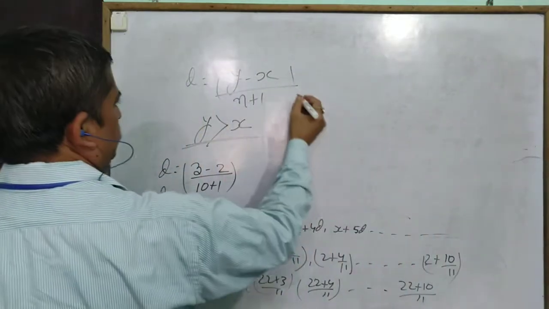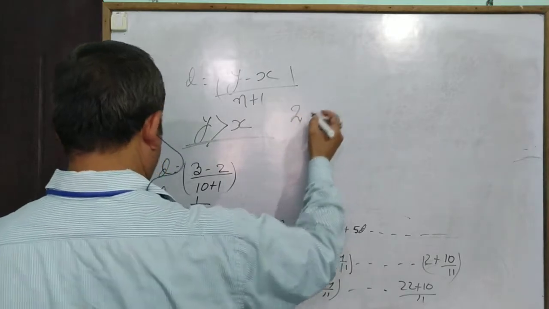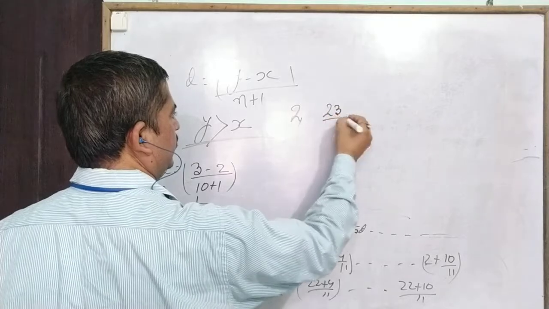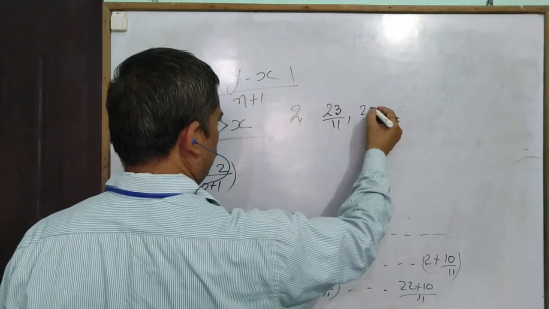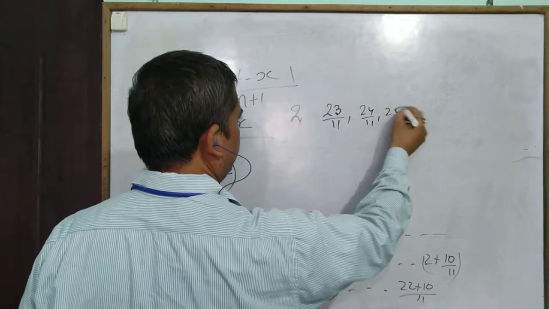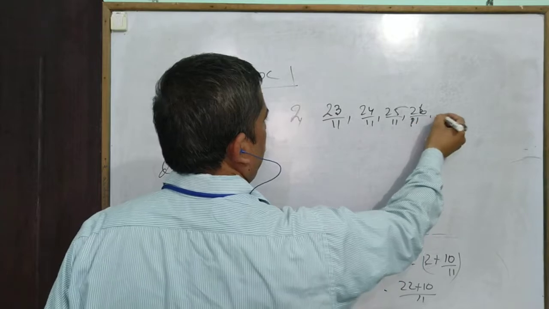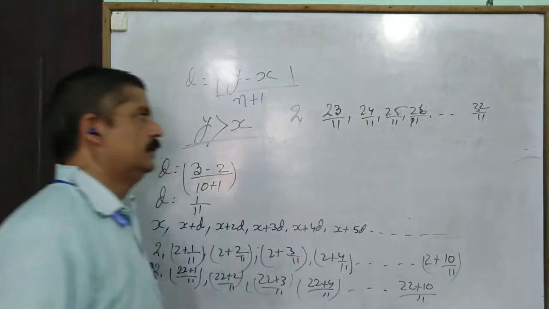So you change that: 23 by 11, 24 by 11, 25 by 11, 26 by 11, and up to 32 by 11.